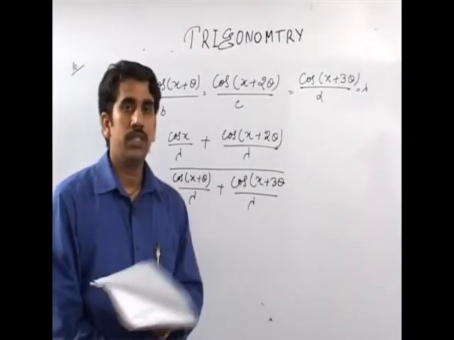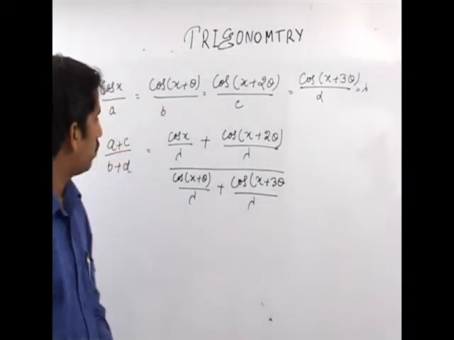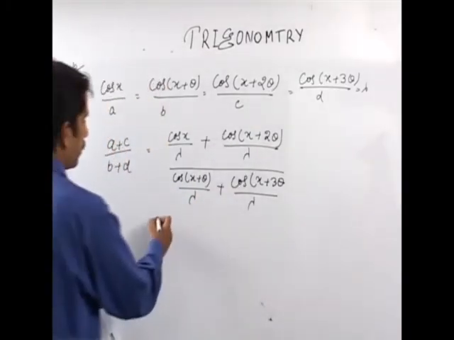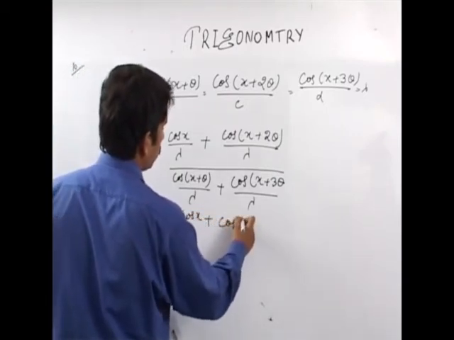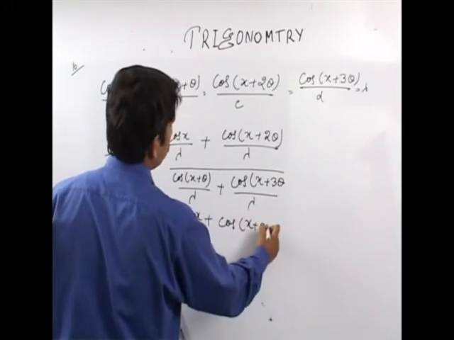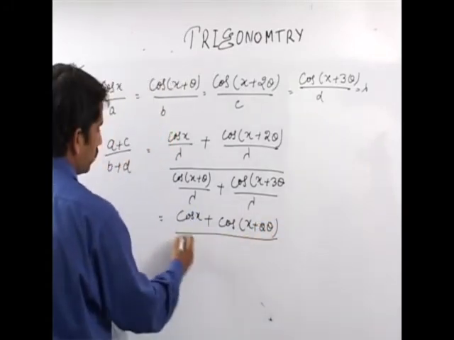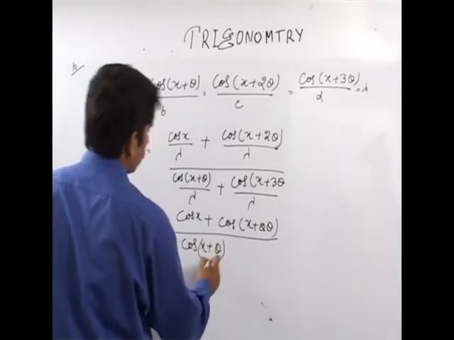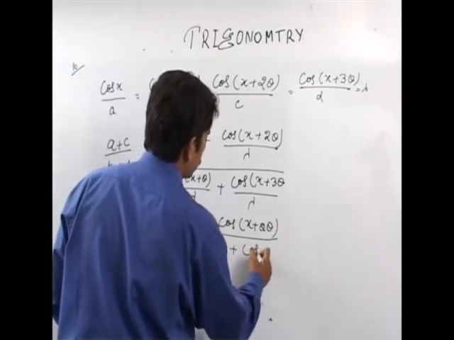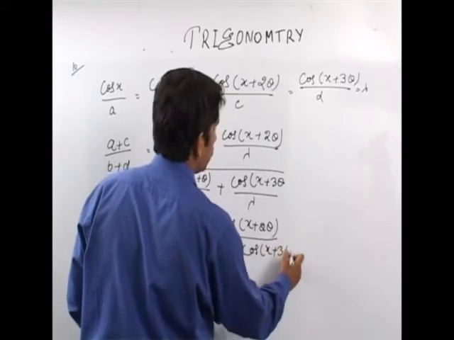Now this 1 by lambda will be cancelled out and you are left with cos of x plus cos of x plus 2 theta over cos of x plus theta plus cos of x plus 3 theta.